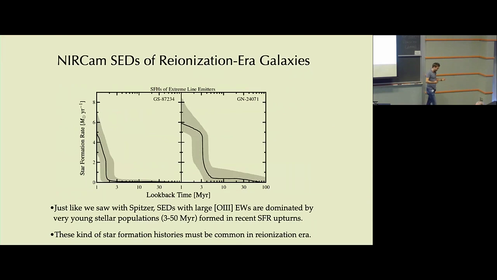We're seeing a lot of the galaxies, both bright and faint, dominated by the light of young populations formed in these recent upturns in star formation, where the star formation rates have increased significantly by factors of a few in the last 3 to 10 million years. So these kinds of star formation histories must be common in the reionization era. A lot of galaxies have to be in the midst of these bursts of star formation.